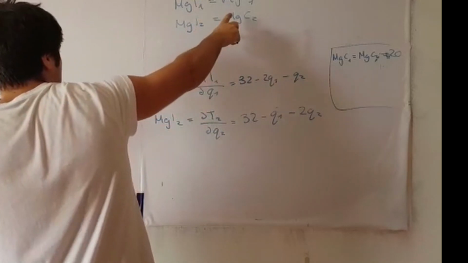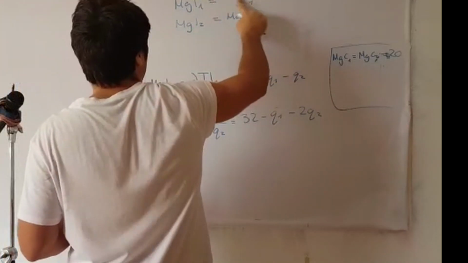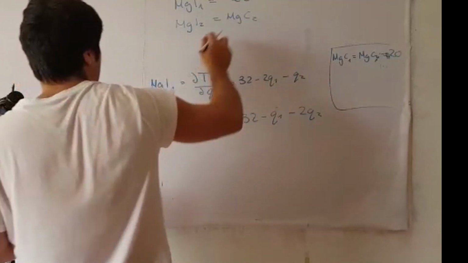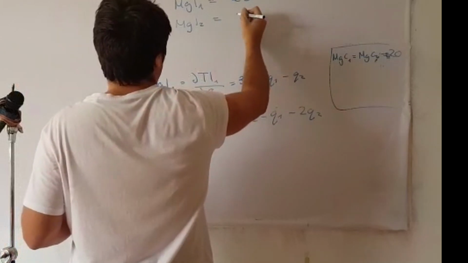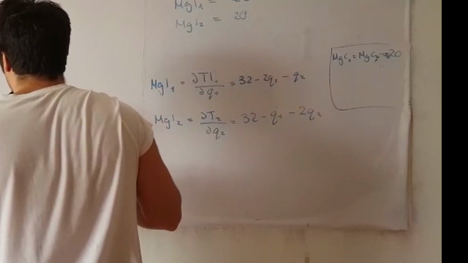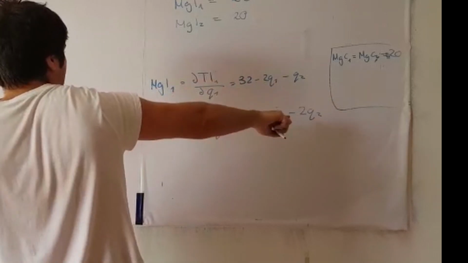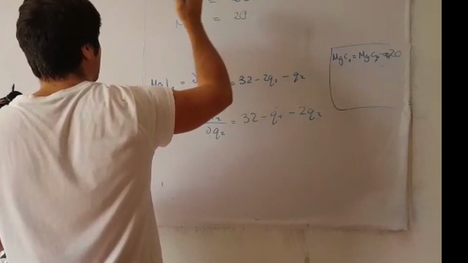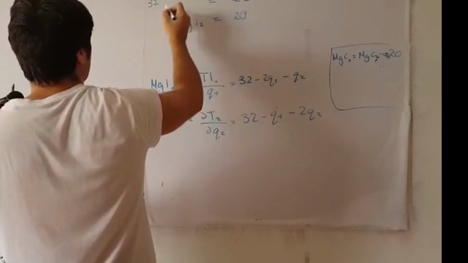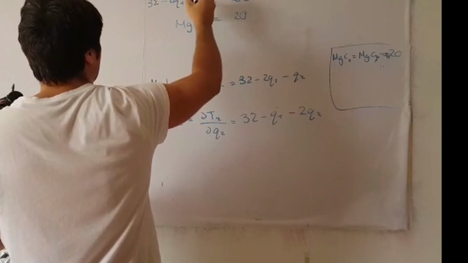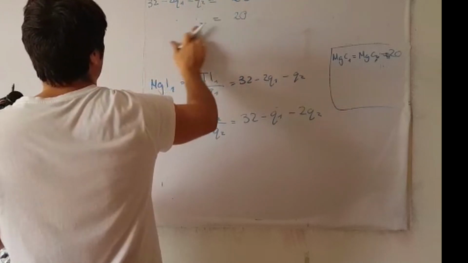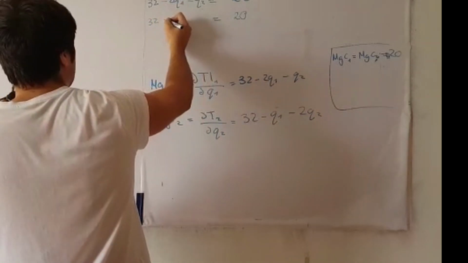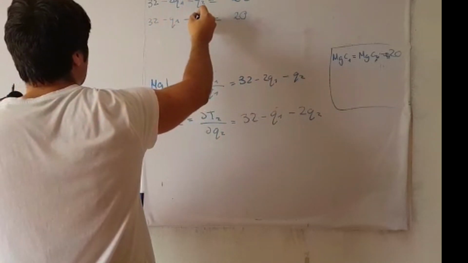We've got marginal cost 1, which is 20, and marginal cost 2, which is also 20, and marginal income 1 and 2 we've already calculated here. So we just substitute 32 minus 2Q1 minus Q2, and marginal income 2 is just 32 minus Q1 minus 2Q2.